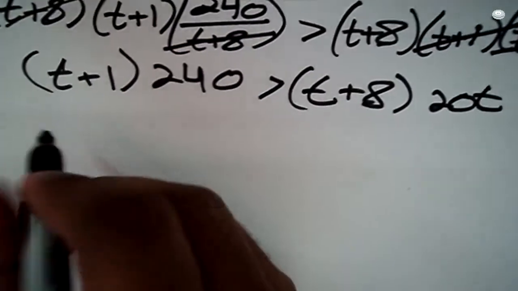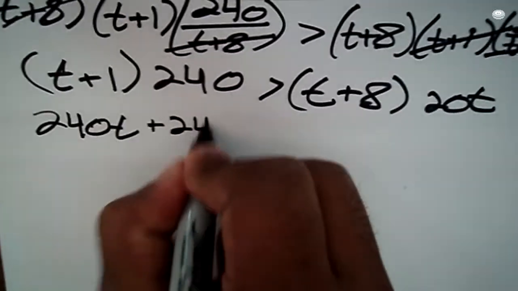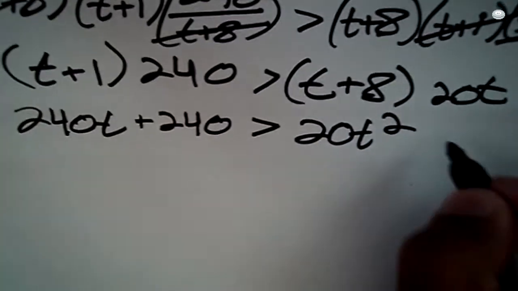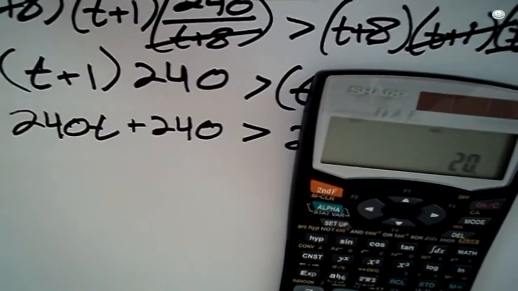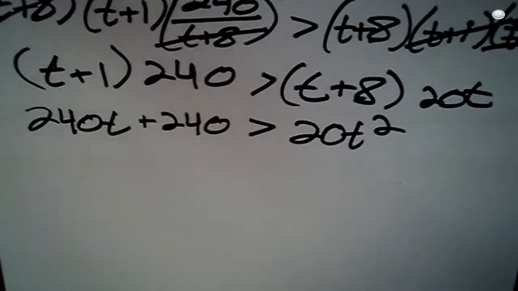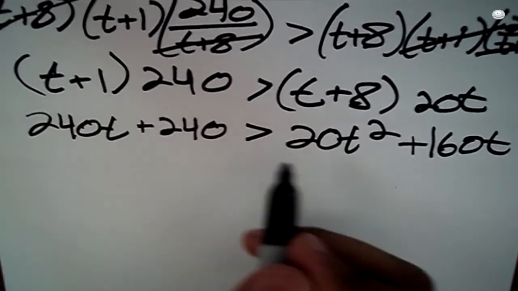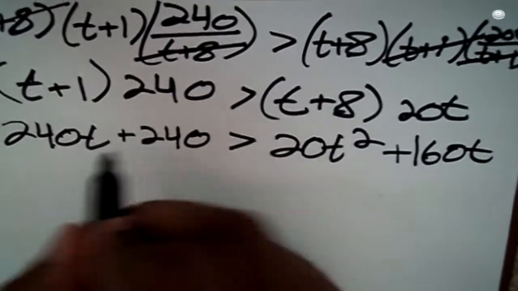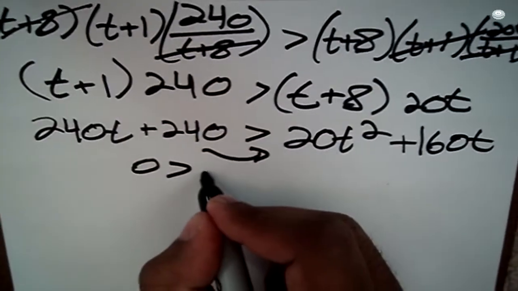You would have to expand, so here you get 240t plus 240 is greater than 20t squared. Over here 20 times 8 gives you 160, so you get plus 160t. The next step is to bring everything over. It doesn't matter which side, so I'm going to bring everything over to this side.